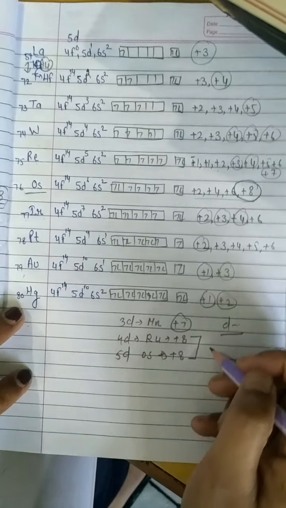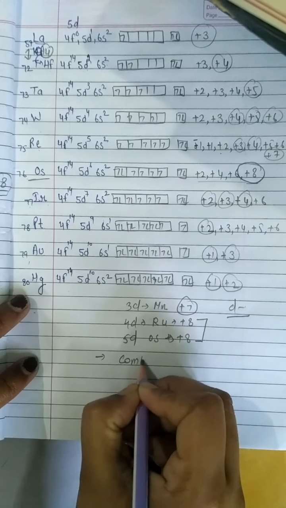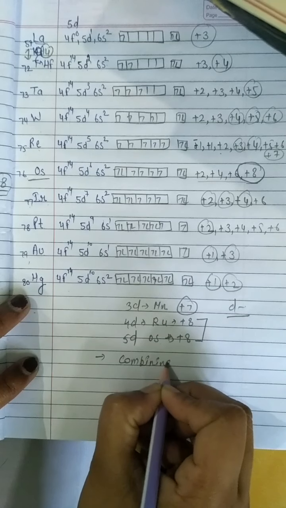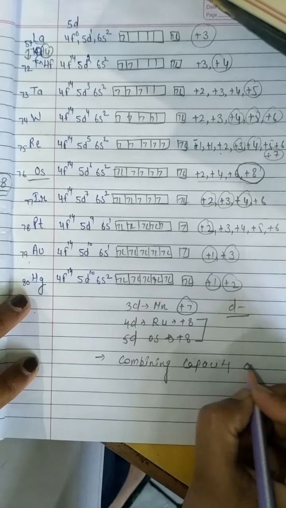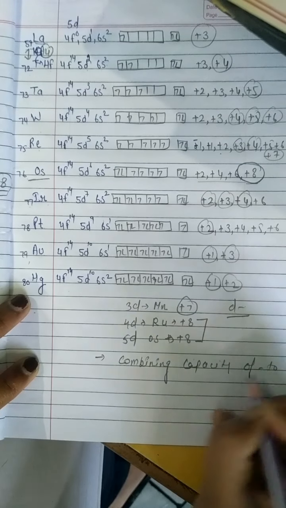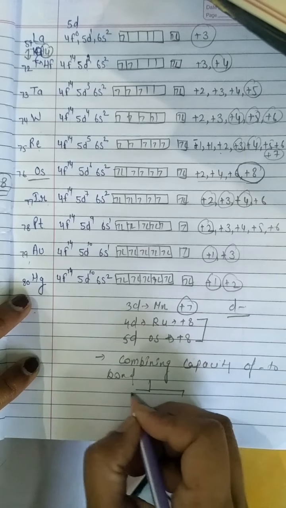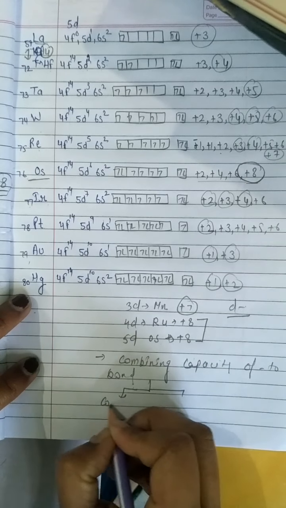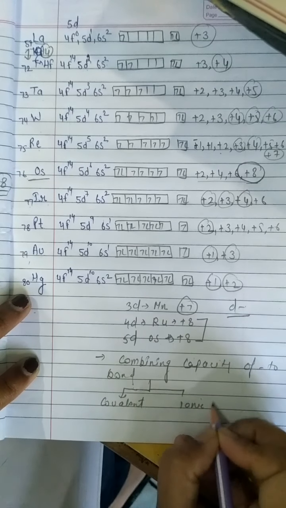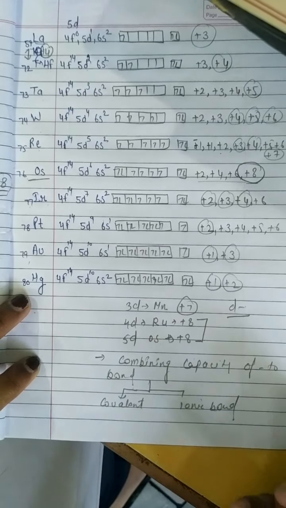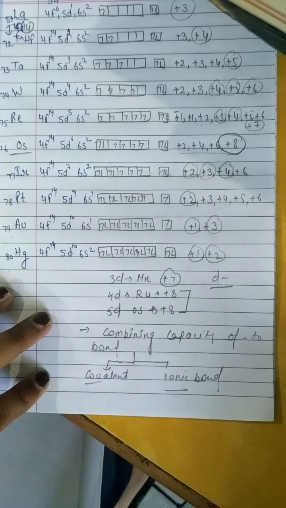Next one is that in an oxidation state, they have a combining capacity. Combining capacity of an element to form a bond. Which type of bond do they form? They form two types of bond: the covalent bond, and second, the ionic bond. When do they form an ionic bond and when a covalent bond?